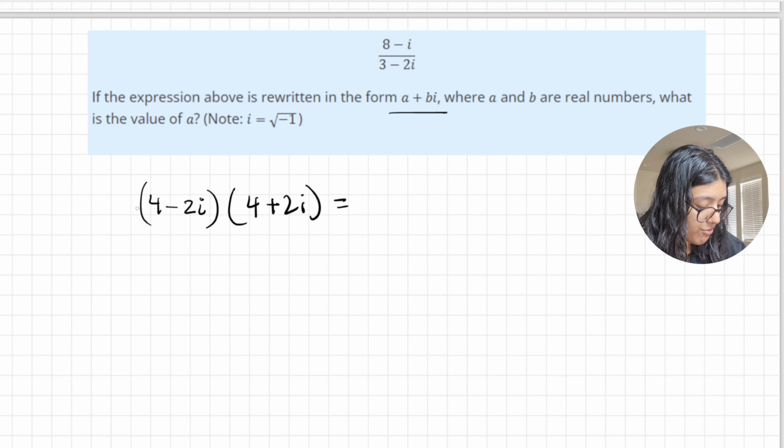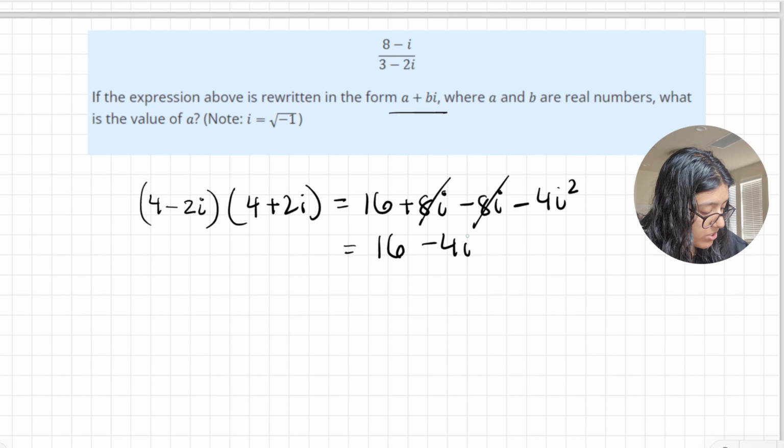Let's simplify that. 4 times 4 is 16. 4 times 2i is 8i. Minus 2i times 4 is minus 8i, so those are going to cancel out. Then we have minus 2i times 2i, which is minus 4i squared. These two middle terms cancel out, and we're left with 16 minus 4i squared.